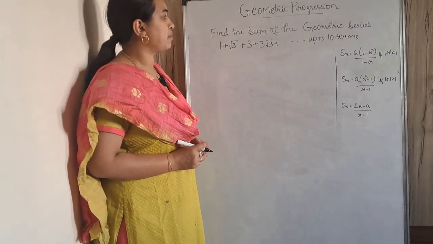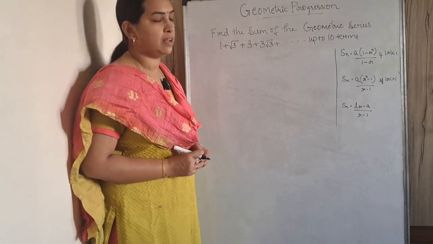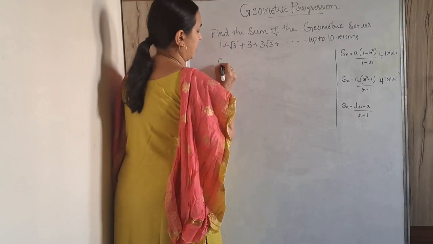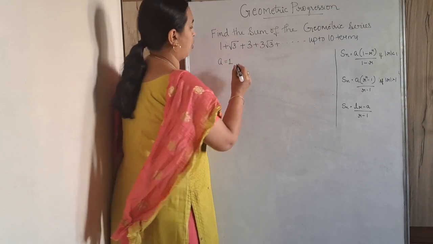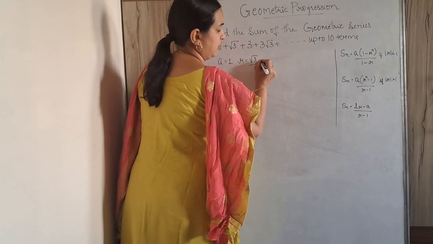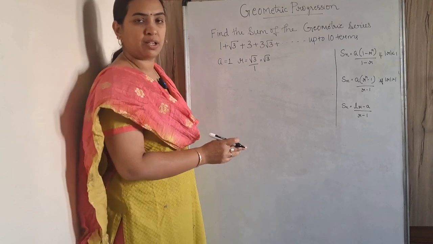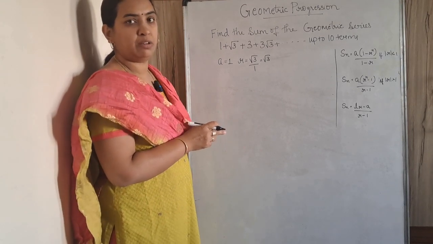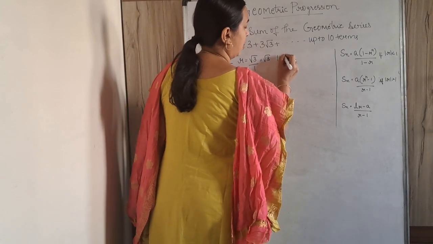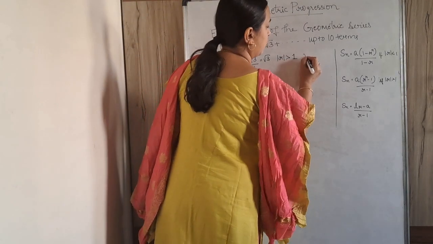Find the sum of the geometric series 1 plus root 3 plus 3 plus 3 root 3 plus etc. up to 10 terms. So here the first term is a and the common ratio is root 3 by 1, which is equal to root 3. Okay, so the value of root 3 is some 1.7, which is greater than 1. So here mod r is greater than 1, and n is equal to 10.